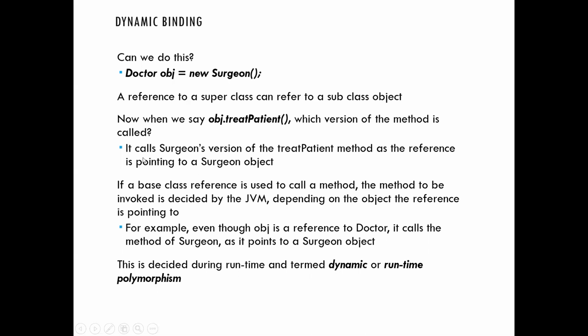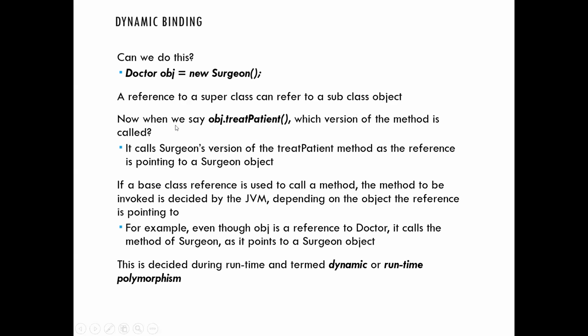A sub object cannot be created using the parent object. Okay, that would be very disturbing, right? A doctor object, which is the parent class, can be created using a surgeon, because surgeon has inherited from doctor. It can be created, but not the other way.